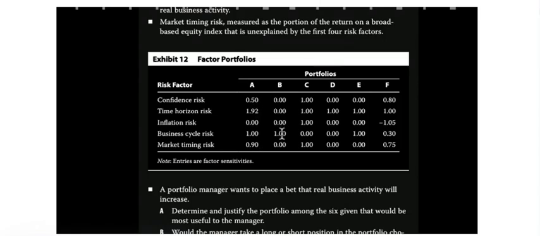B, look at that, we get a factor loading of 1 and 0 on everything else. So if we're really just trying to get exposure to business cycle risk, B is the best one so far because that's all it's getting. C has nothing, so we can ignore that. D has nothing, we can ignore it. E has a 1, but you're also bringing in time horizon risk. And with F, you're getting some business cycle risk, but a whole bunch of others as well.